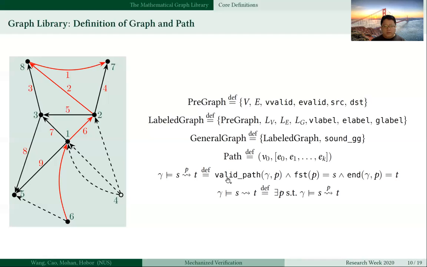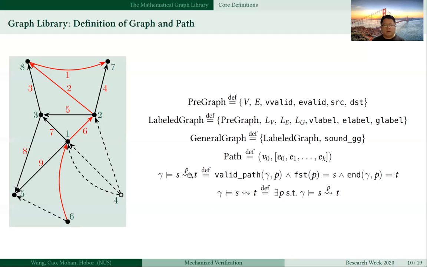The predicate valid path is quite intuitive. It just says the path P must be valid, which means V0 must be the source of E0, and all these edges are linked, which means the destination of E0 is the source of E1, and so on.